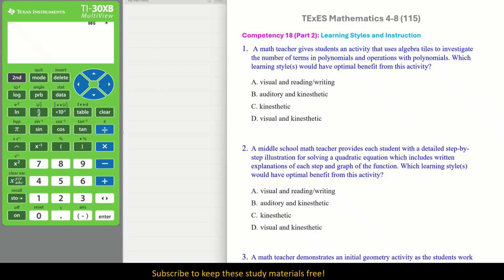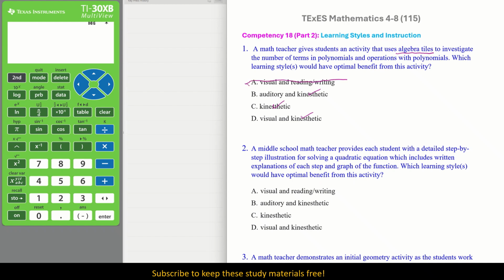Okay, the minute we put in algebra tiles, we had the hands-on element, and that would be your kinesthetic. So that tells me that B and C are what we need, or possibly D, but that eliminates option A.